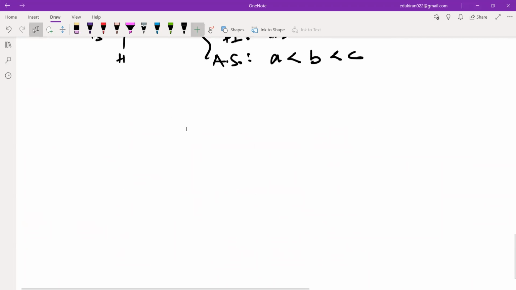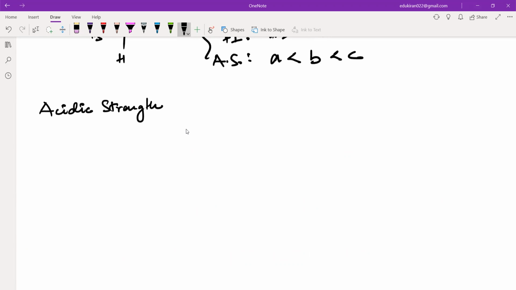Now let me write a few points. There are two things: acidic strength and basic strength. Acidic strength will increase if minus I increases.